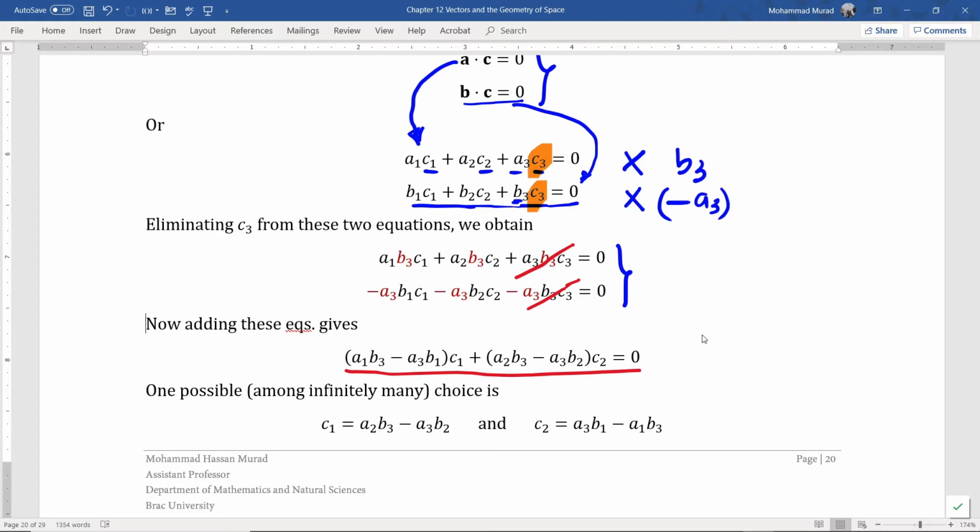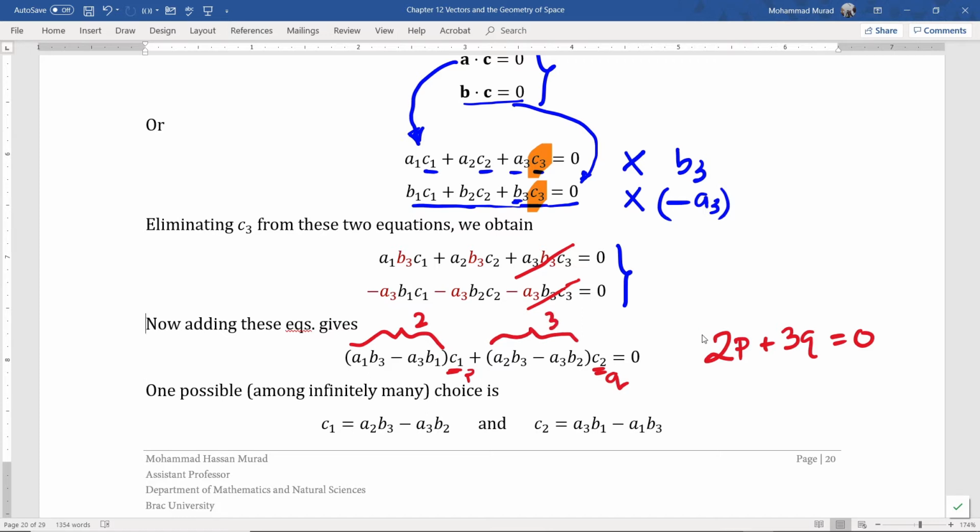Now this is an equation of type 2p plus 3q equals 0. We're considering this as p and this as q, where, for example, this is 2 and this is 3.